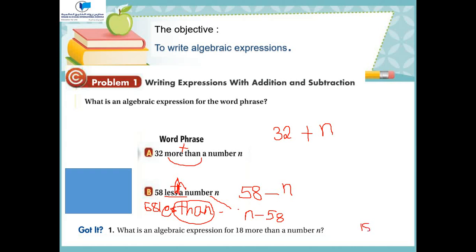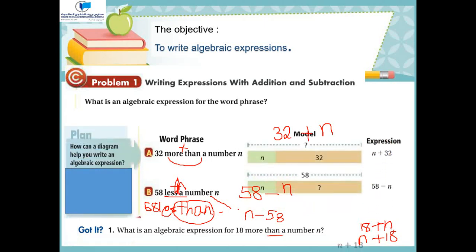So 18 plus n. That's it. Miss, can I change the order here because of the word then? Yes, I will tell you. You can change the order here in addition because of the commutative property of addition. Let's move to more exercises.